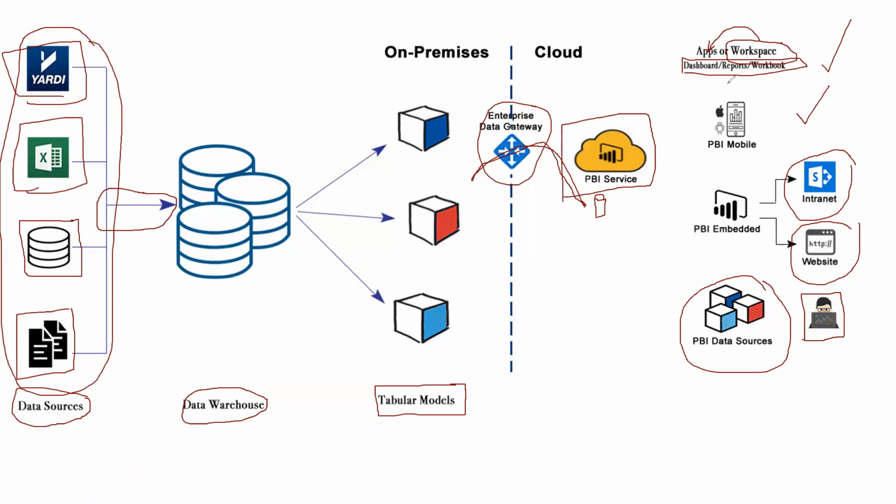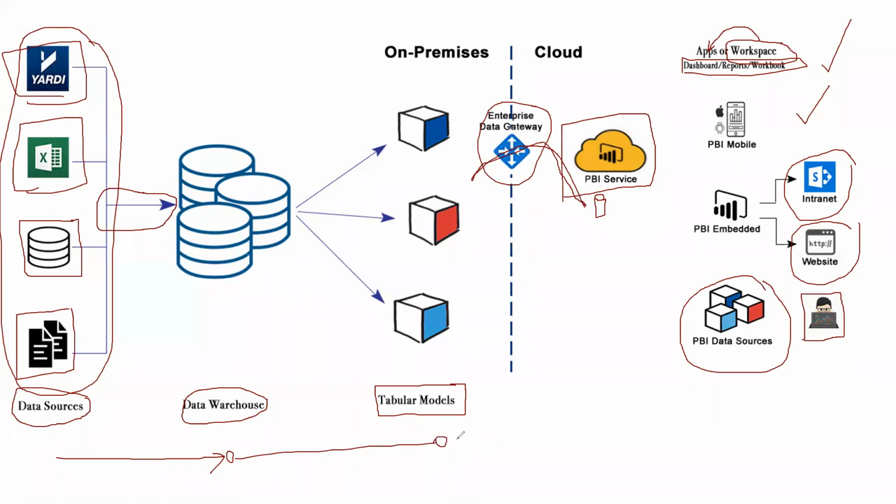So having a good understanding of this complete flow will be really very important because every company will try to do the same thing. So they take the data from the data source, bring it into the data warehouse, and then from the data warehouse, it will be moved to the tabular model.